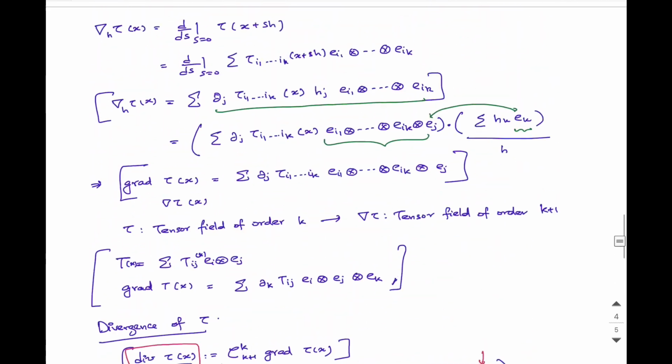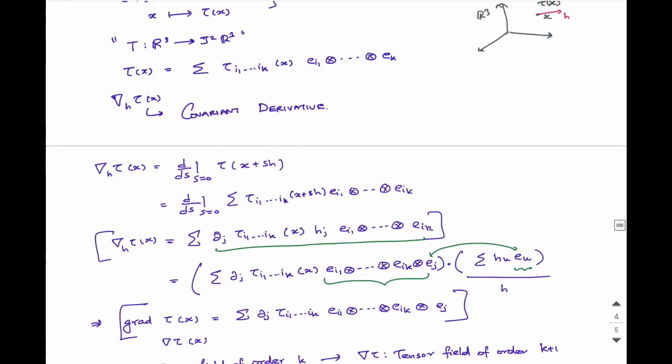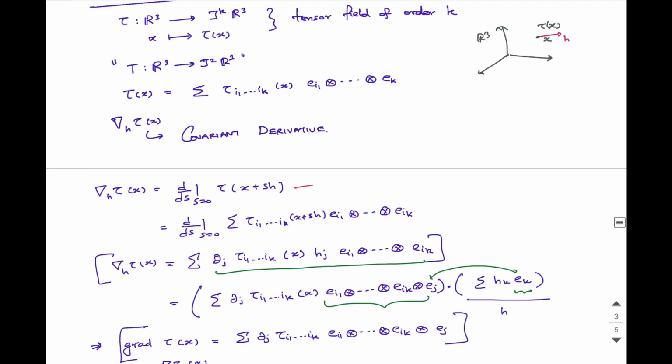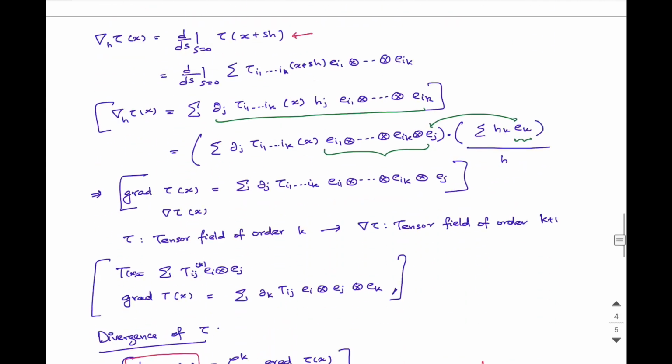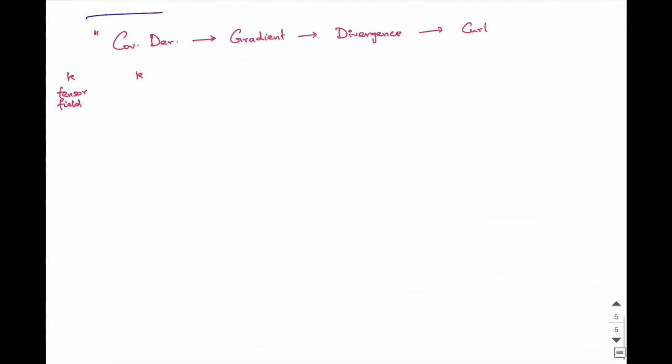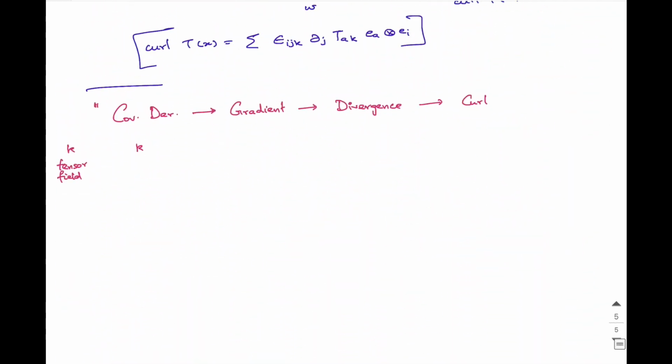The reason is very simple. If you look at the definition of the covariant derivative, you're comparing the value of tau at two different points: tau at x plus sh minus tau of x, divided by s, as s tends to 0. But the difference of two tensors is also a tensor of the same order because it's a linear space. Good.